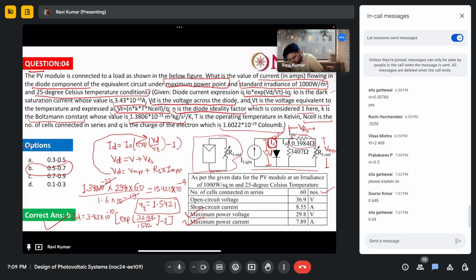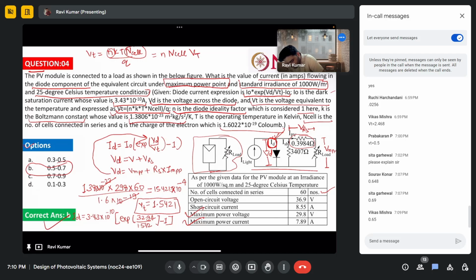So VT is given here as N KT by Q, N cell divided by Q. So remember one thing, this VT without this N, and this N can be written like this, N cell.